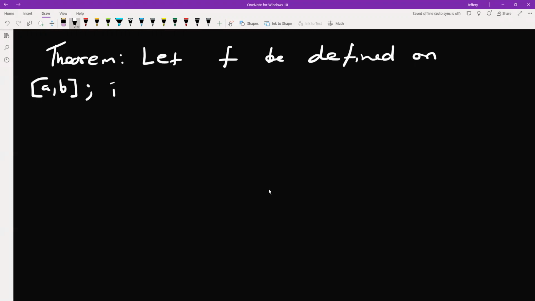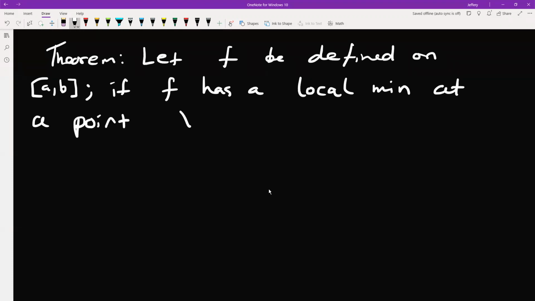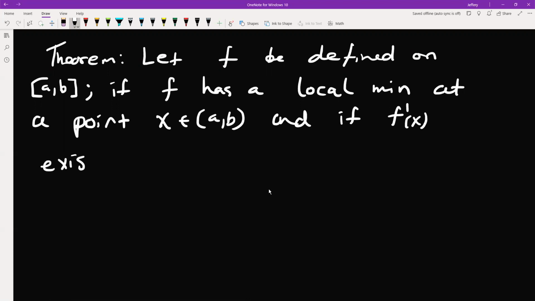Then if f has a local minimum, and actually this works for the maximum too, but I'm just going to do the minimum, at a point x in the open interval from a to b, and if our function is differentiable at that point, then f prime of x equals 0.